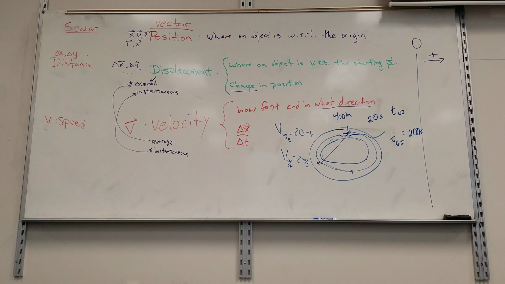Yes, Kimberly. So the average velocity is the same as the overall displacement divided by time. So the average velocity is my overall displacement divided by time.